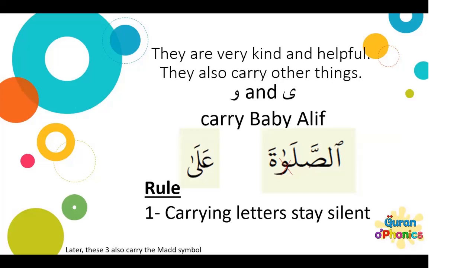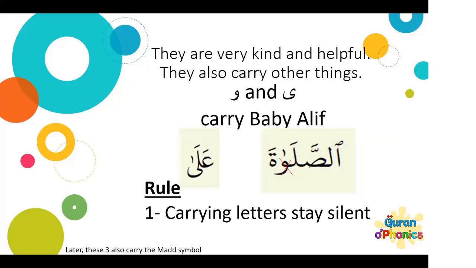So for example, in this word, we say salata. The waw, because it's a carrying letter, it's silent. And in the next one, it's ala, because ya is carrying a baby alif. The ya is silent. And we've already talked about baby letters. We've talked about this in the mad videos, the long dhamma sound, long fatha sound, long kasra sound.